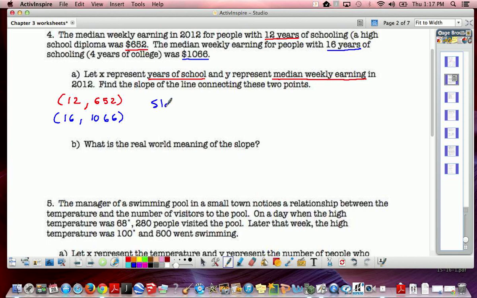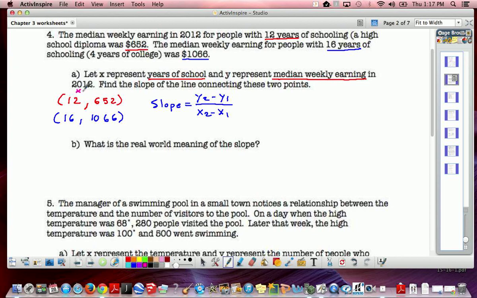So remember, slope is equal to the change in Y over the change in X. So we're going to use this formula actually in all of these problems on this particular page. It doesn't matter which one you let be X1, X2, and which one you let be Y1, Y2.